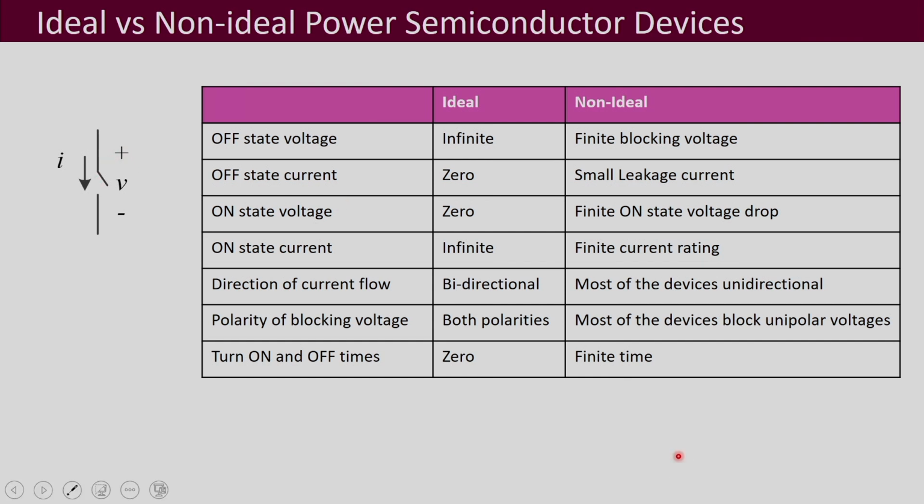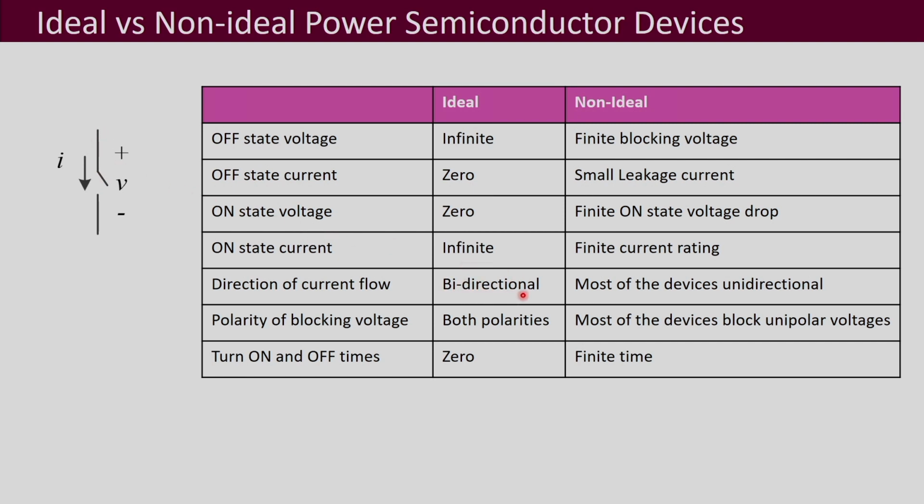Then the direction of flow of current. If it is an ideal device, current can flow in either direction. It can flow in this direction downwards or it can flow upwards also.